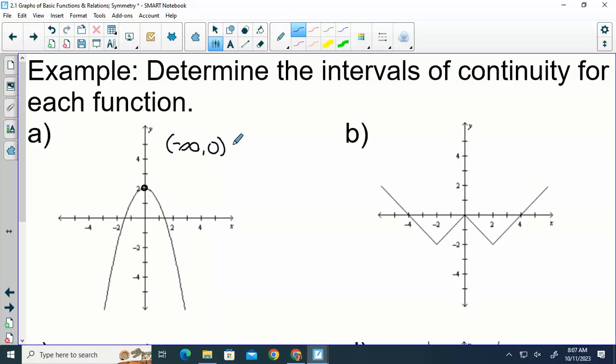Has to do a parenthesis, has an open circle, union, and then after 0, we're continuous again, so 0 to infinity. So it was continuous everywhere except 0 itself.